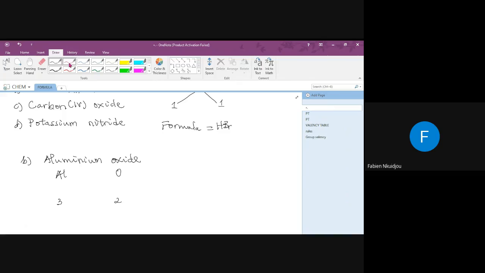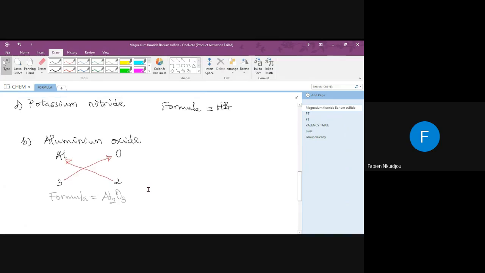So when we interchange the valencies, what do we have? Remember, in this case, it's not possible for us to simplify. So what do we have? We have the formula Al2O3. So that is the chemical formula of aluminum oxide.